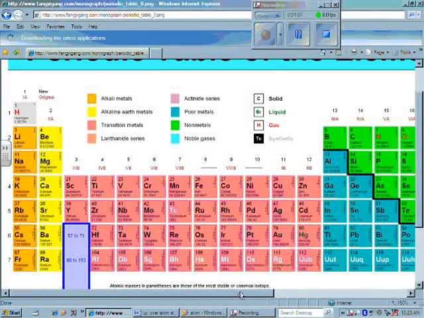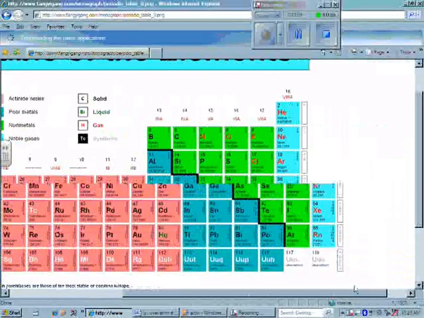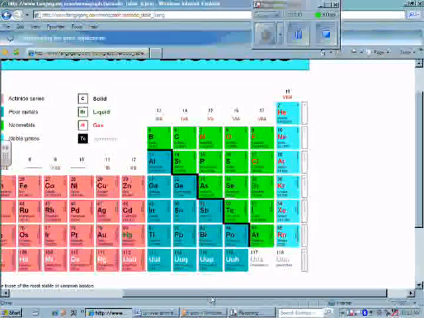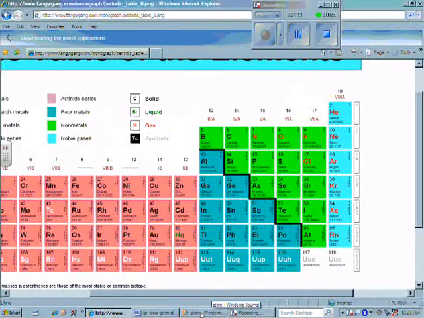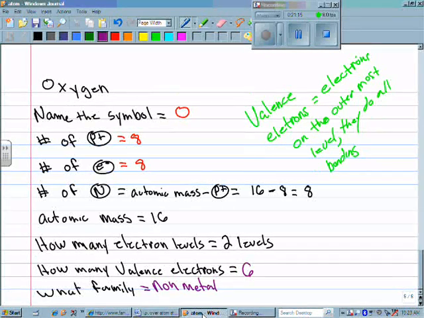The bonus, or the other component that we'll review tomorrow, is going to be taking this information and now drawing a Bohr model of oxygen, okay? And again, going back to our notes, we know what's in the nucleus, which are the neutrons and protons, and the electrons on the outer shells, okay?